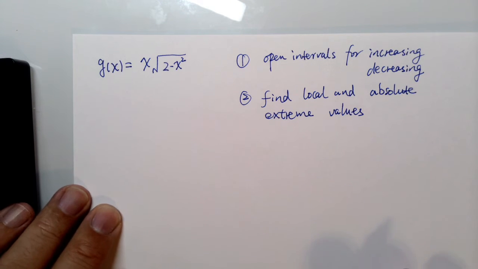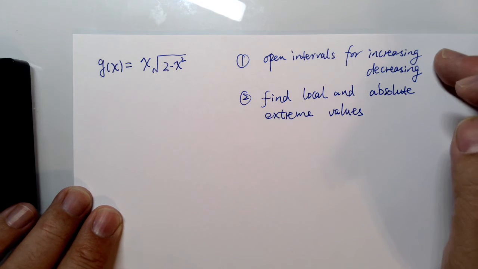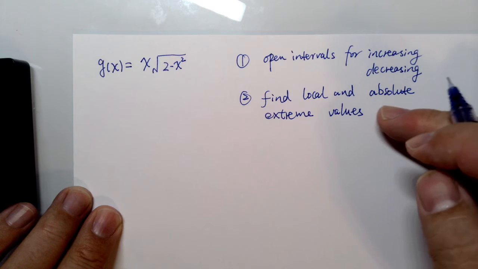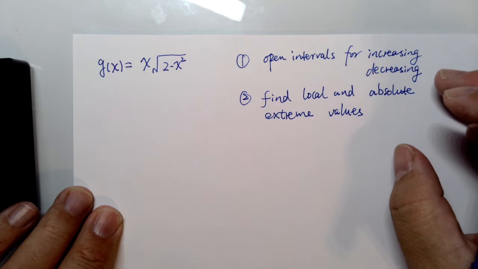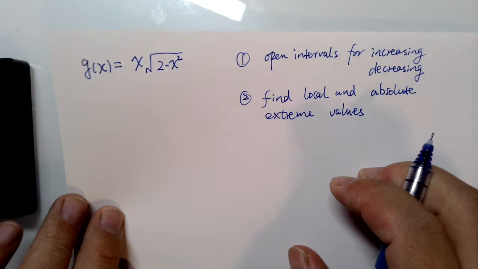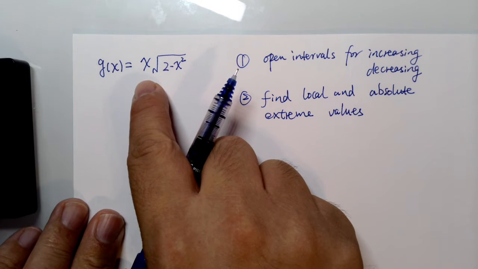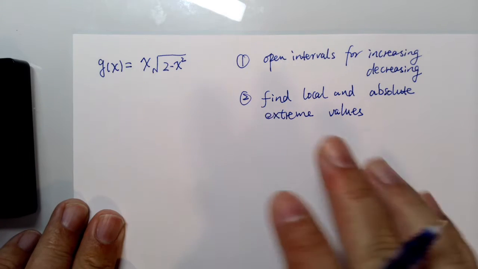So before we start to figure out the intervals and then local and absolute extreme values, you know that we're always going to need to take the derivative of the given function. However, for this problem, realize that the domain of this function is not all real numbers.